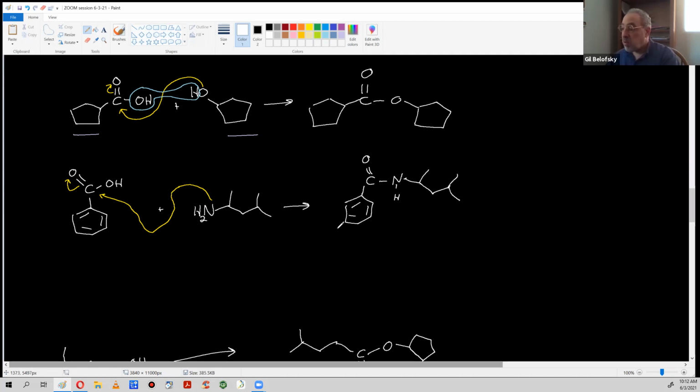And there we have that. So it pretty much becomes trivial when you can see the key components of what's being linked to form the ester or the amide, and that all these other groups are just spectator groups, aren't they? They're just watching the action from the sidelines.